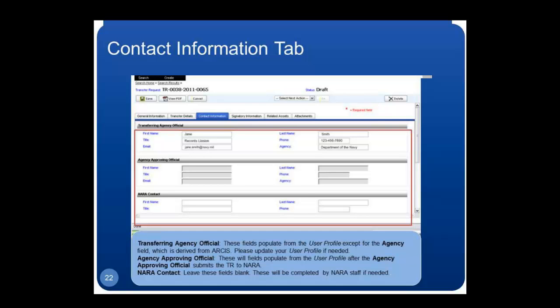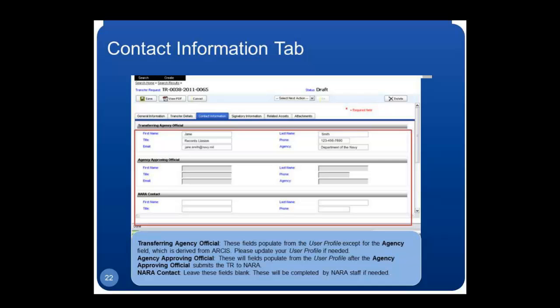I think your agency is fairly stable. If you open this and you're not the right person and save it, your information is going to go in here. And the transferring official for your agency that's supposed to be reviewing this, their information will not fill in. Yours will stay here.